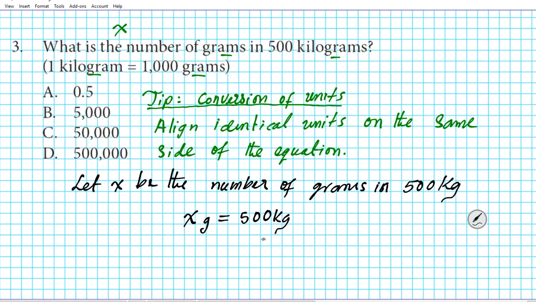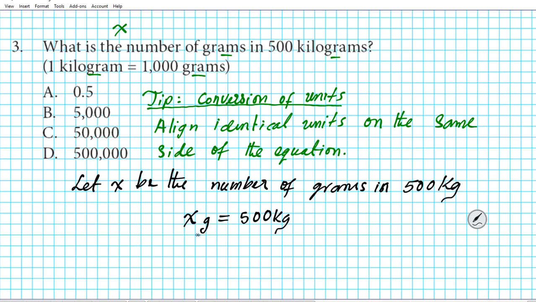That's the first statement. This is a question. All right. We also know that 1 kilogram is equal to 1,000 grams. Now, I indicated to you earlier in our tip that you want to align identical units on the same side. Grams are going to be on the left side. Kilograms will be on the right side.